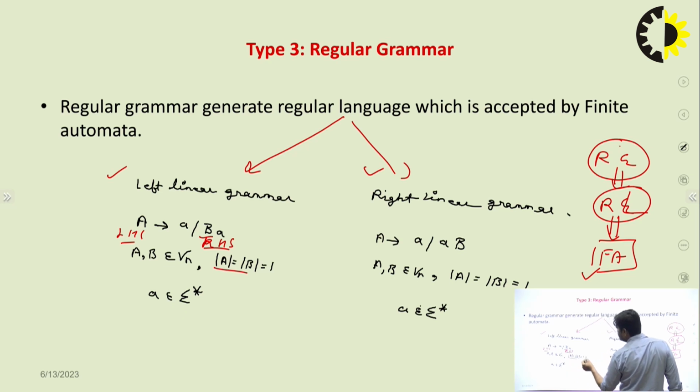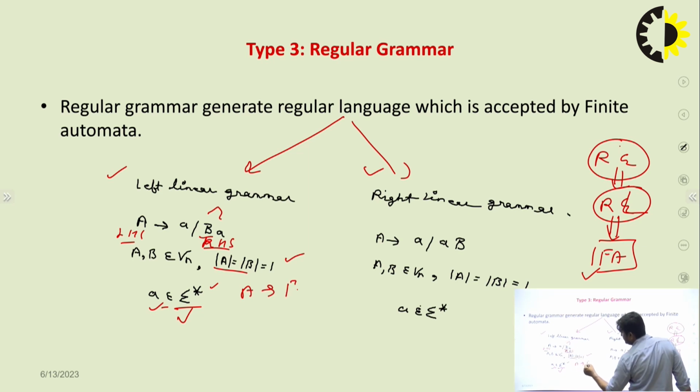The length is always 1, and A belongs to sigma star closure, that is, it can generate any string using the alphabet. That is left linear. The restriction on the position of the variable on the right-hand side is that it is always in the extreme left. This type of grammar is known as a left linear grammar.